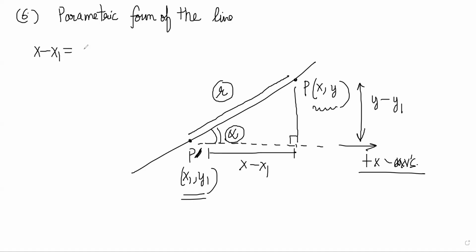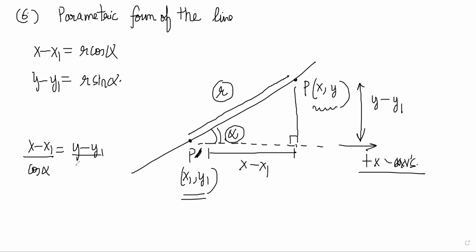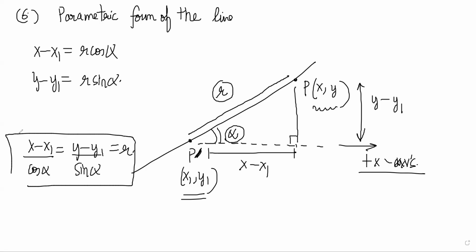X minus x1 is r cos alpha and y minus y1 is r sin alpha. So the equation of the line is written like this: x minus x1 by cos alpha is equal to y minus y1 by sin alpha is equal to r. But that is not the most important thing here.